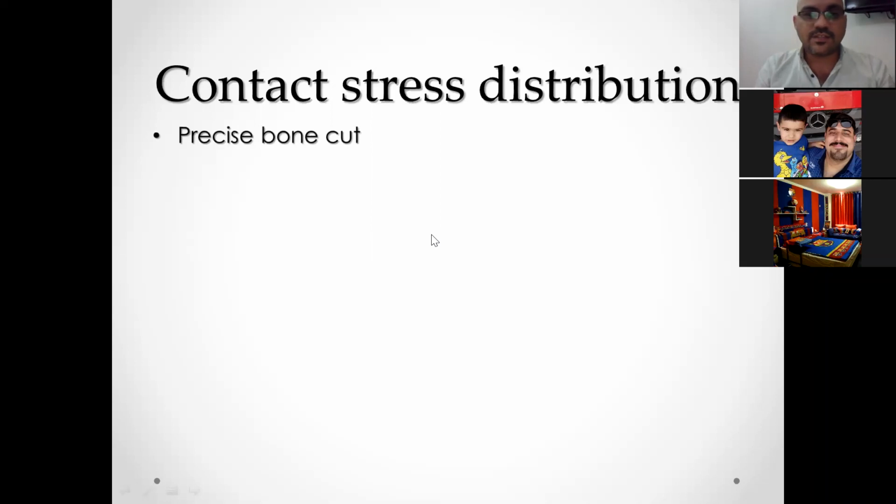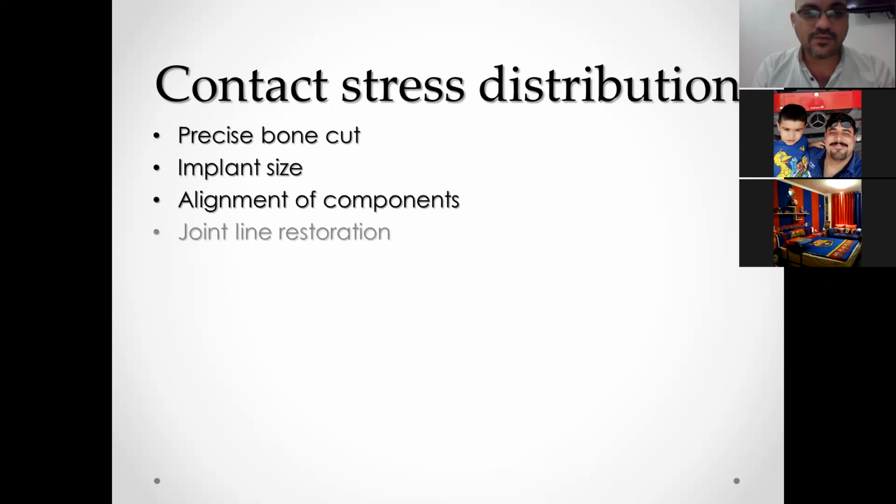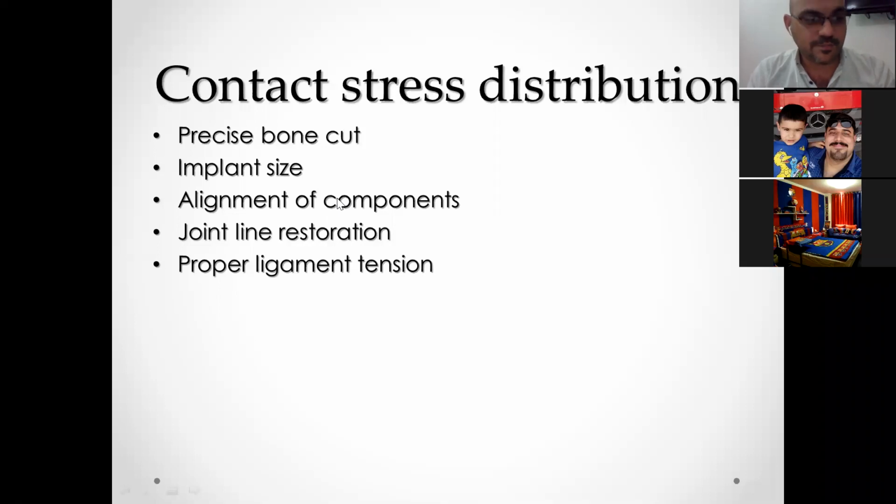The contact distribution, as you see here, depends on the precision of the bone cut, the implant size, alignment of the component, joint line restoration, and proper ligament tension. In addition, the metal tibial tray beneath the polyethylene provides a stiffer foundation for the polyethylene.